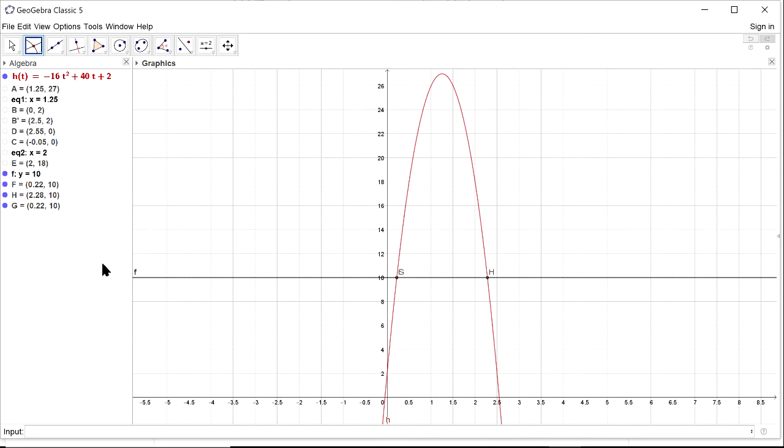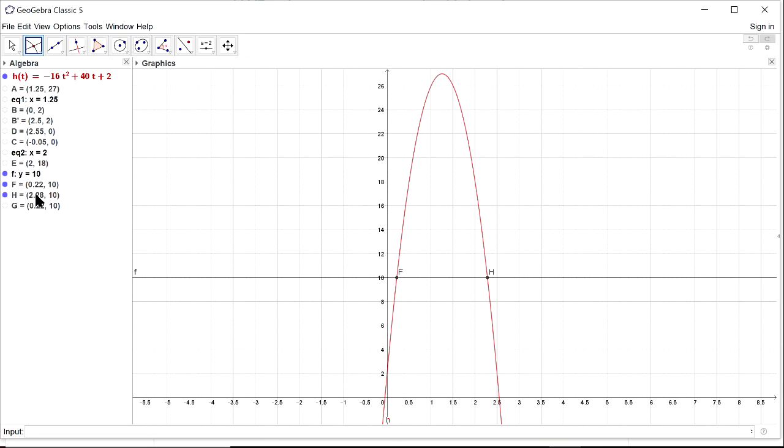And with the points I get on the left, we have 0.22 and 2.28 being the first coordinate, or t equals these values. I accidentally hit the first intersection twice. So you'll be able to see that these are the two intersections between the parabola and our line of y equals 10.